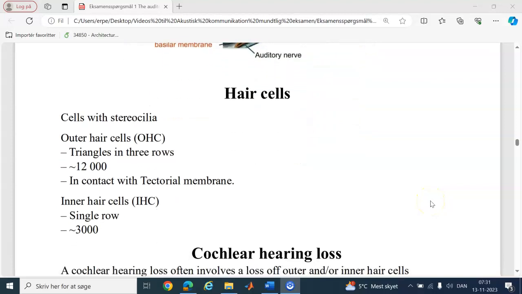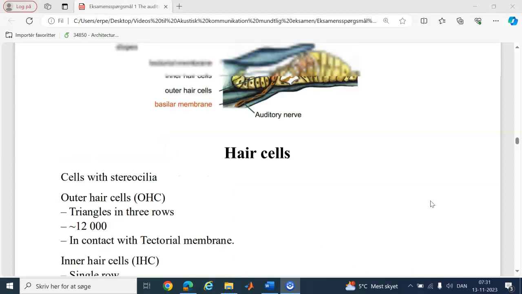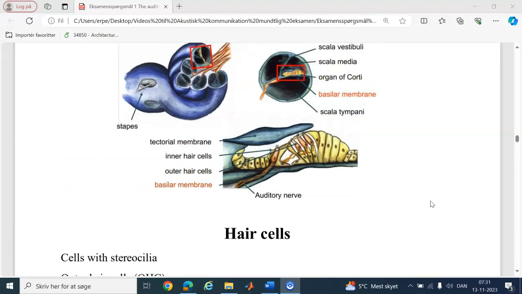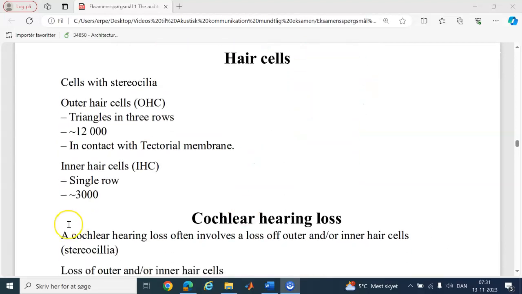The hair cells are cells with stereocilia. Outer hair cells number most often about 12,000 in 3 rows, and they are in contact with the tectorial membrane. Inner hair cells are a single row, about 3,000.